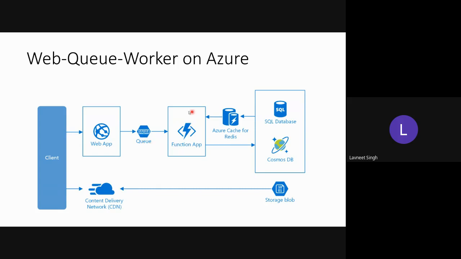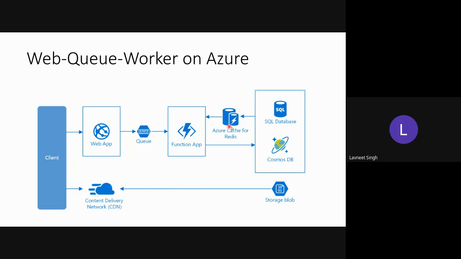Okay, for workers, there are something called function apps. What are those function apps? How do we create them, and how can they be used as workers and tied up to the triggering mechanism that is provided by the queue? Then we have a cache service called Redis. Redis was an independent company or entity, and it has been acquired by Azure now.